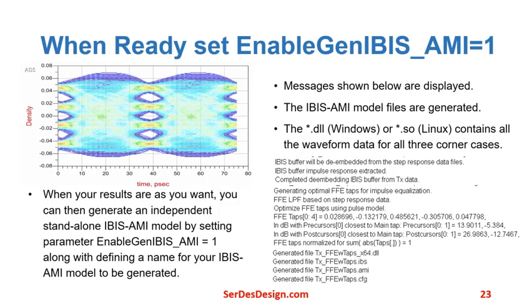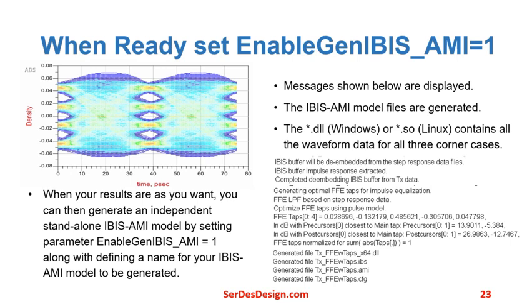When you're ready to generate the IBIS-AMI model for your configuration, set the Enable Gen IBIS-AMI to 1. That's when your simulations are as you want. And you can generate the independent standalone IBIS-AMI model by setting this parameter, along with defining the name for your generated IBIS-AMI model.